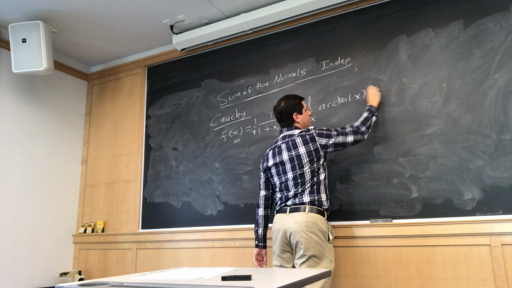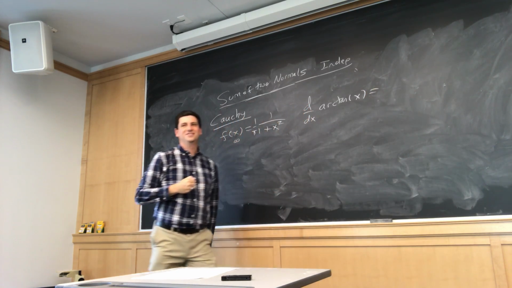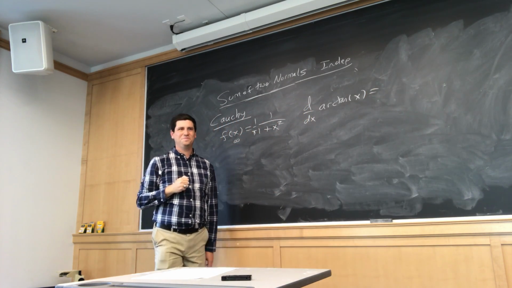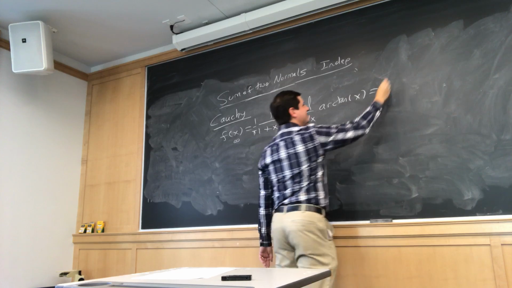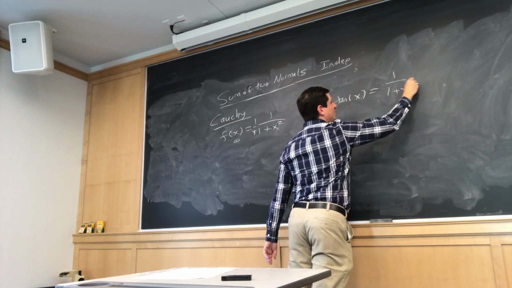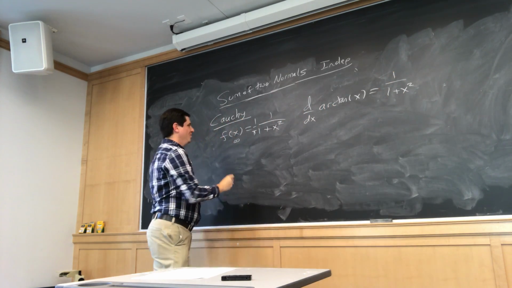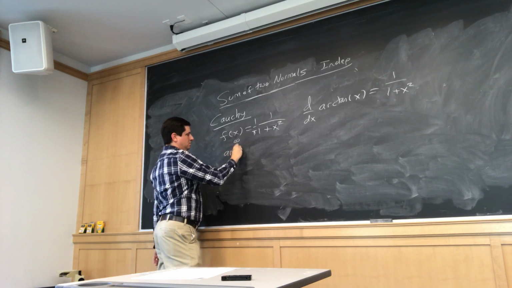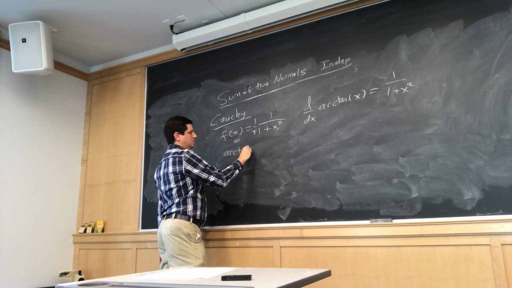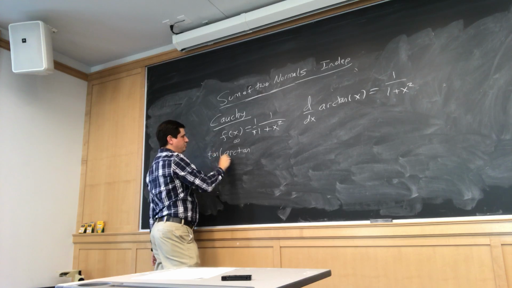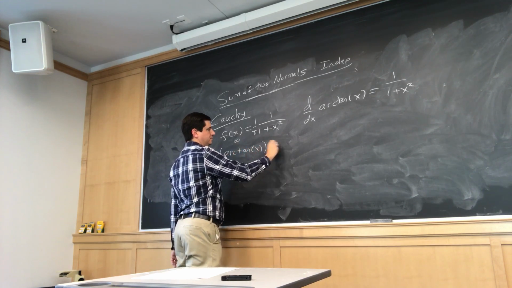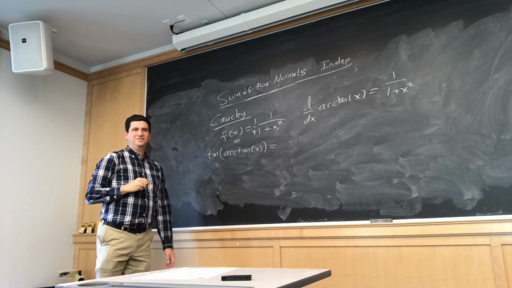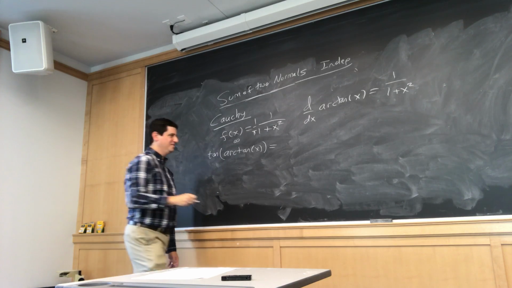Does anybody know what the derivative of arctangent of x is? Is that 1 over 1 plus x squared? Yes! Excellent. It's 1 over 1 plus x squared. So, what is the tangent of the arctangent of x? x, right?